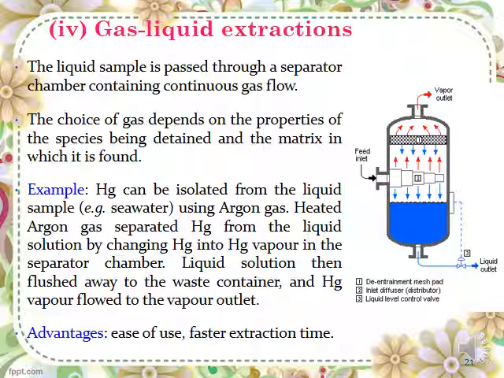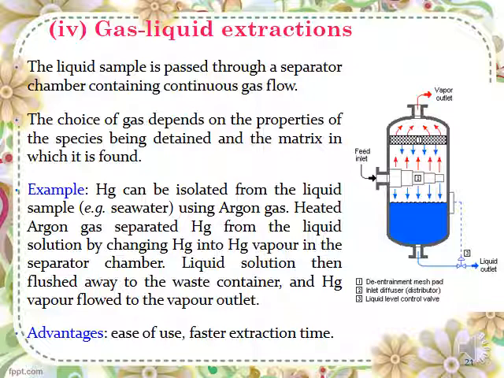An example of gas liquid extraction is mercury. Mercury can be isolated from a liquid sample, for example in this case seawater. We take a seawater sample and we only want to obtain the mercury inside the seawater. So we use argon gas.